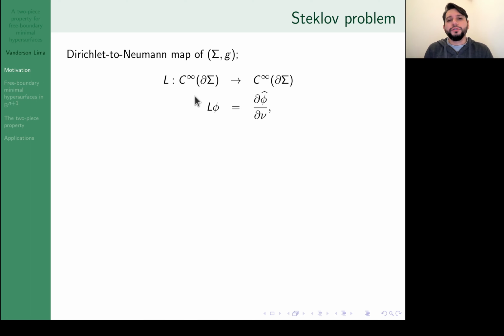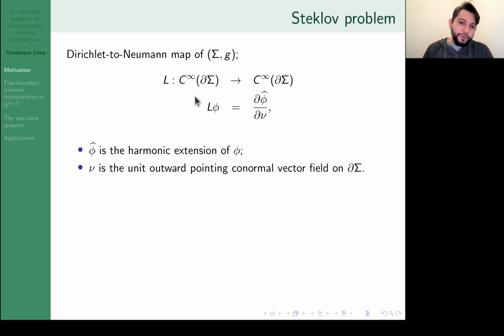So we want to consider the following operator, which takes functions on the boundary to functions on the boundary. So first, for a function on the boundary, I can consider the harmonic extension. Then, with respect to the unit conormal, which is outward pointing, I can consider the derivative of the harmonic extension.